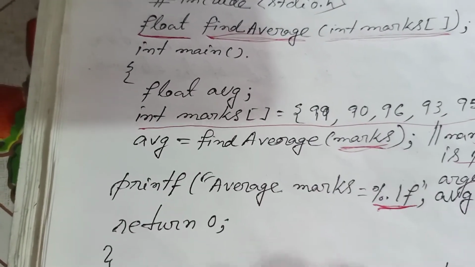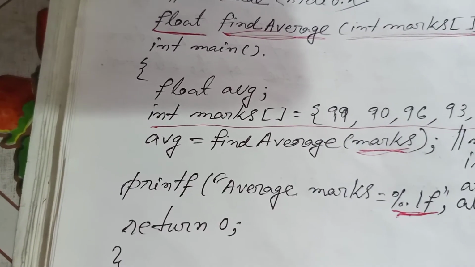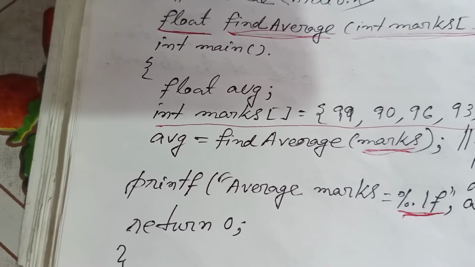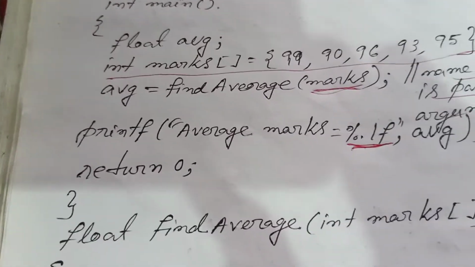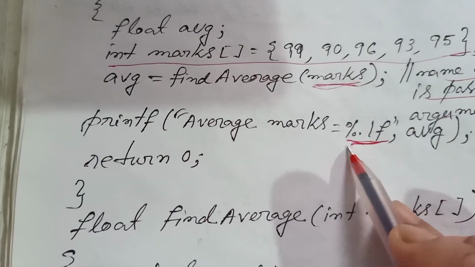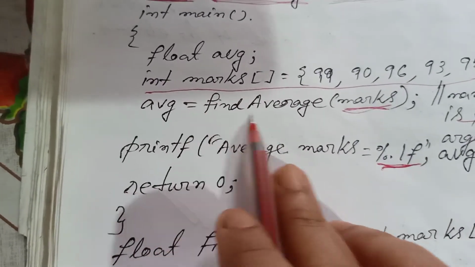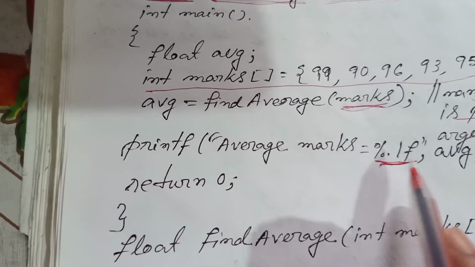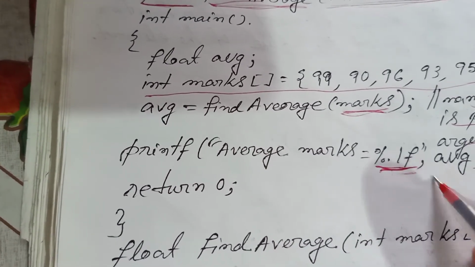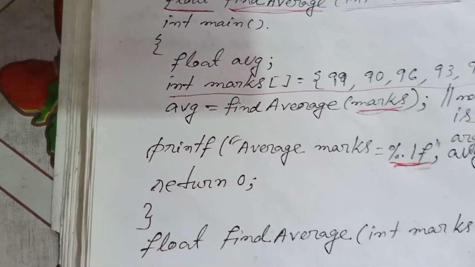So we want only one value after the decimal point. That's why we are using %.1f. Because the calculation is in float, f is used, and avg as per the variable declared.